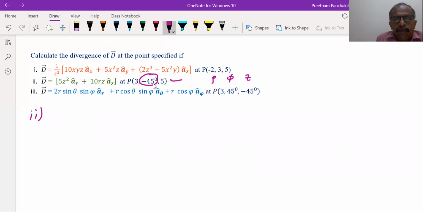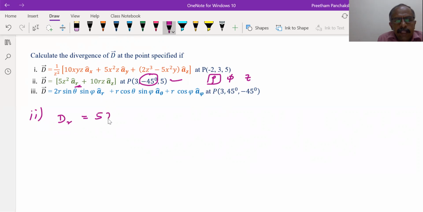Based on this, we can declare that the D vector is described in cylindrical coordinate system. But instead of rho, R is used. So R and rho can be used interchangeably in cylindrical coordinate system.